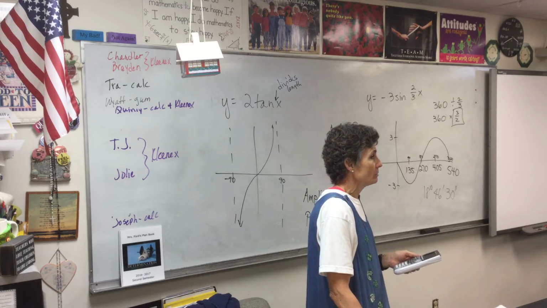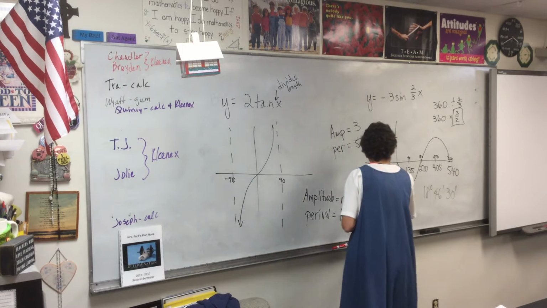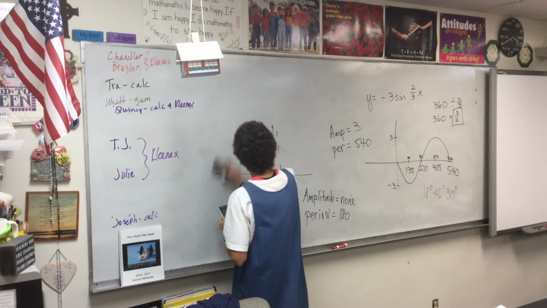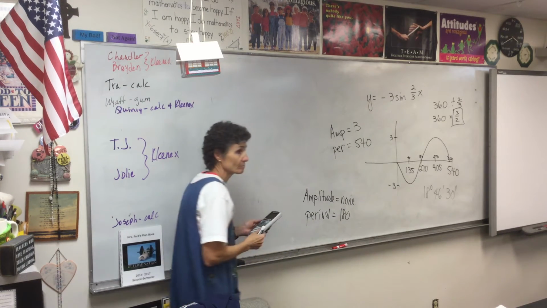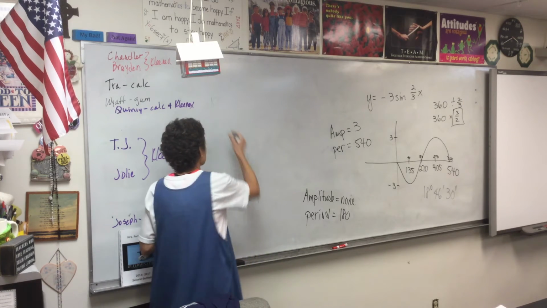D. Uh-oh. How do I type that on my calculator? Secant 19. How do I do a secant on my calculator? I heard somebody say it, I think. 1 over cosine.